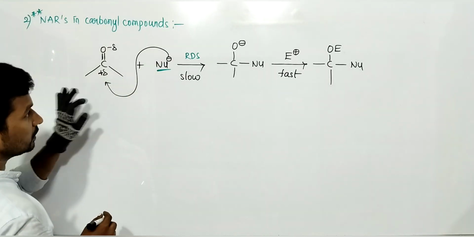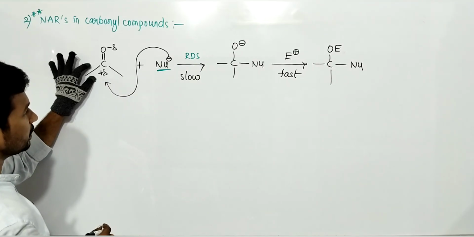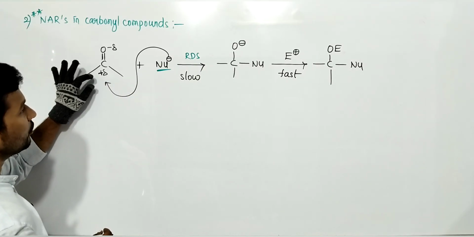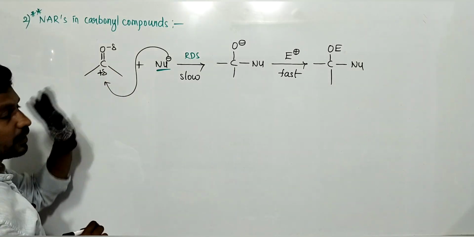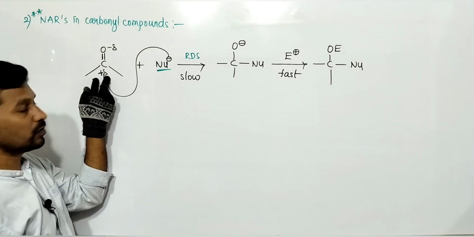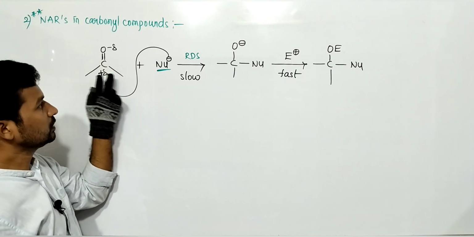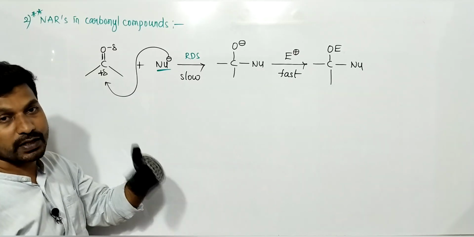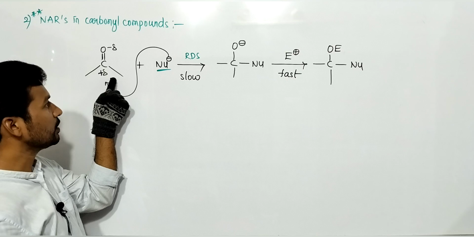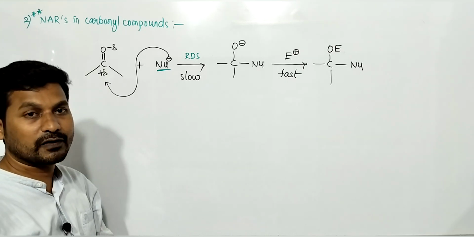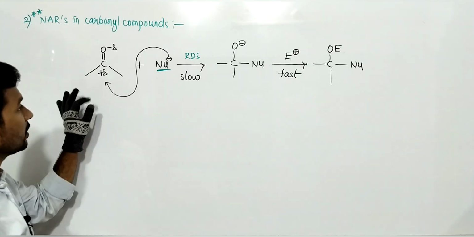That means the rate of nucleophilic addition reaction on a carbonyl compound is favored by the magnitude of positive charge on this carbon. If this carbon is more positive, then the nucleophilic addition reaction takes place more effectively. That means the reactivity of a carbonyl compound depends on the positive charge of the carbon in the carbonyl compound.